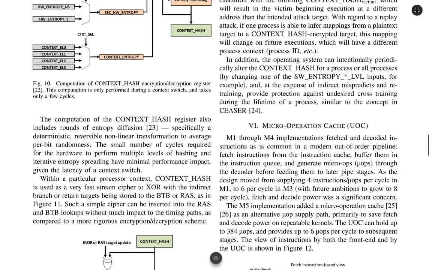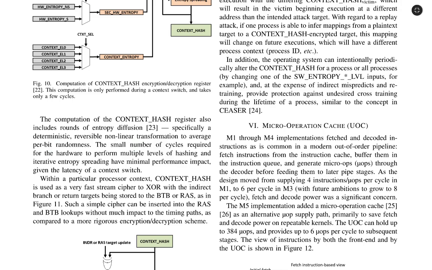The computation of the context hash register also includes rounds of entropy diffusion, specifically deterministic, reversible, nonlinear transformations to leverage per-bit randomness.